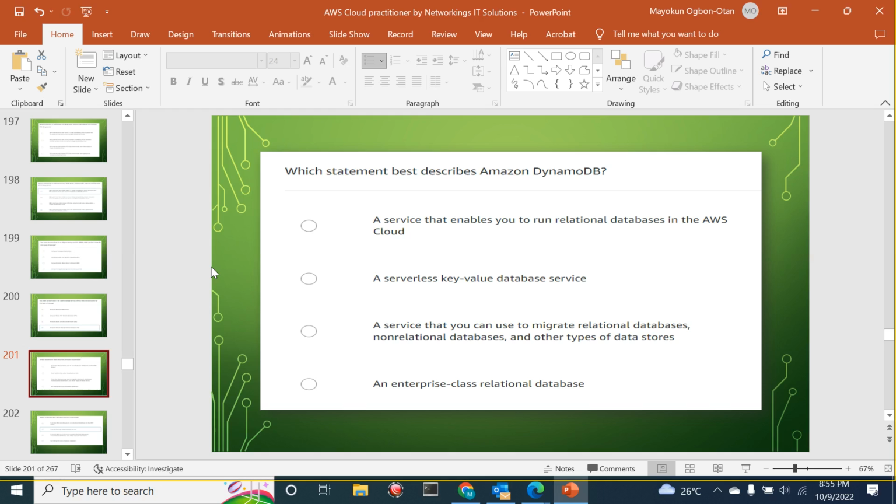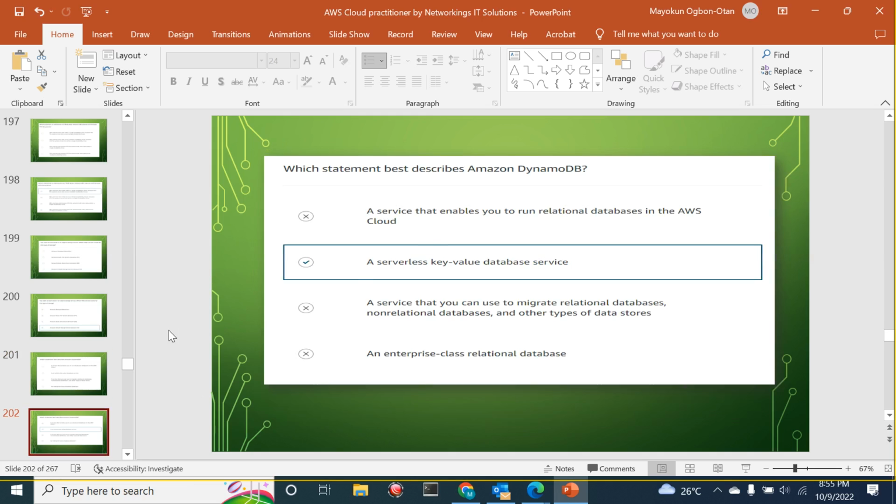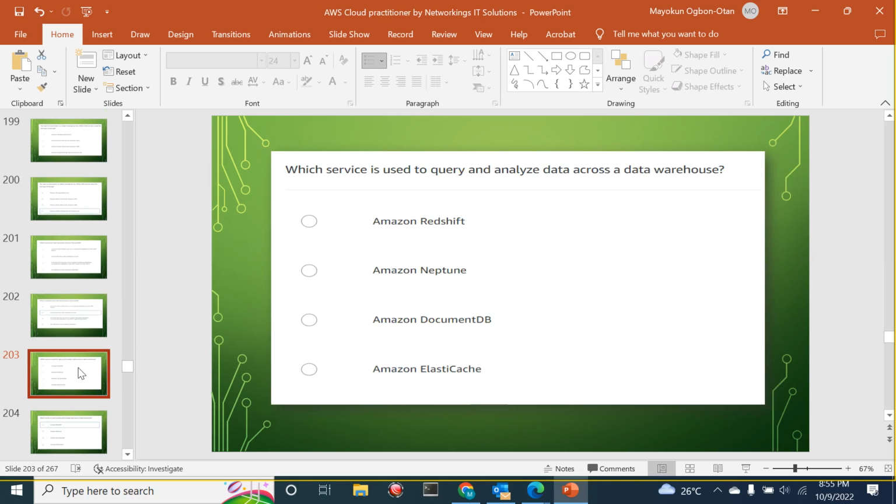And they say a service that you can use to migrate relational database, non-relational database, and other types. What's the service in C there? That's AWS DMS. DMS is used for database migration service. All right, let's move to the next question. So she's correct.